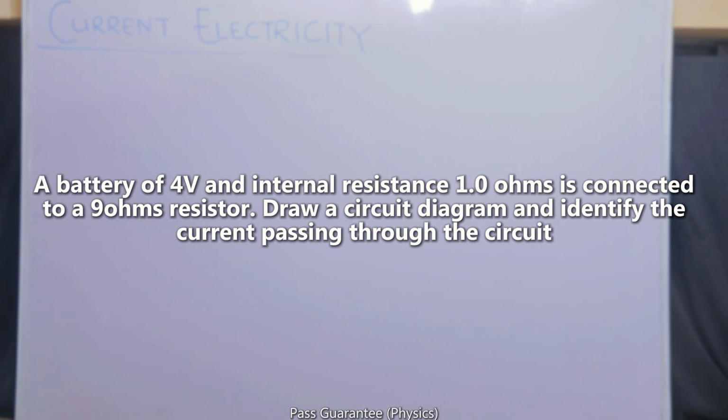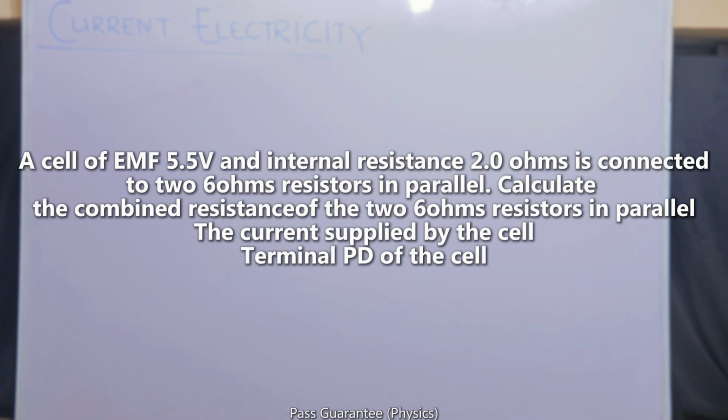The second part: a cell of EMF 1.5 volts and internal resistance 2 ohms is connected to two 6 ohm resistors in parallel. Calculate the combined resistance of the two 6 ohm resistors in parallel, the current supplied by the cell, and the terminal potential difference of the cell.